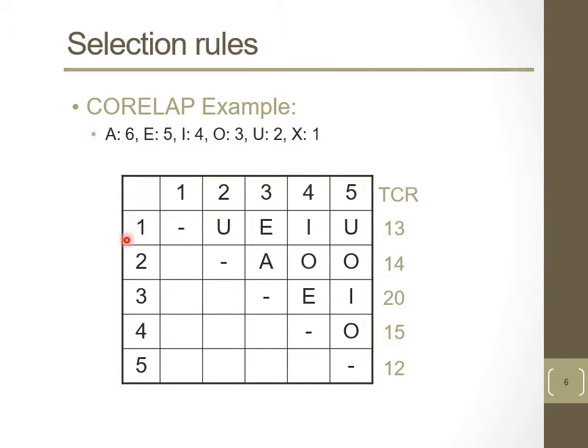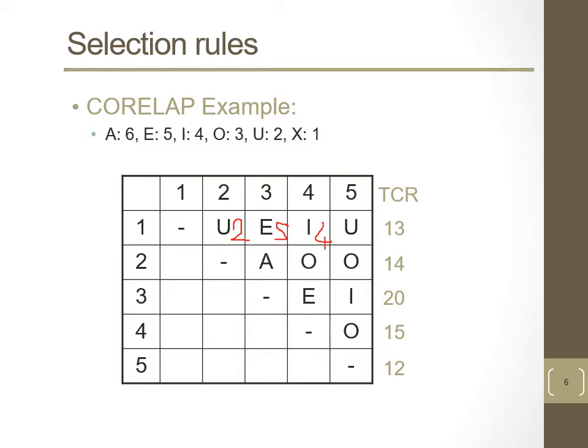Let's first look at the first department. The first department has a U relationship with 2, which according to the weights given is 2. What about E? It's 5. What about important, I? It's 4.